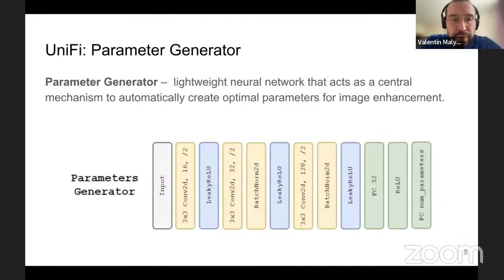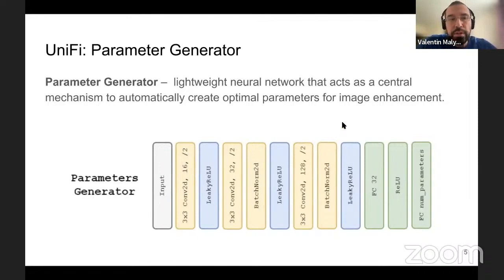The most important part of our approach is parameter generation. Its architecture is shown right now on the slide, and the main idea here is that we have an input image of some predefined size, and we use convolutions and some batch norms to get an embedding of this image, and this embedding is used to produce the parameters.